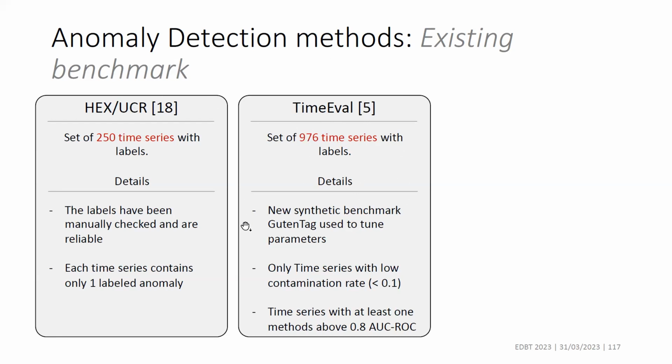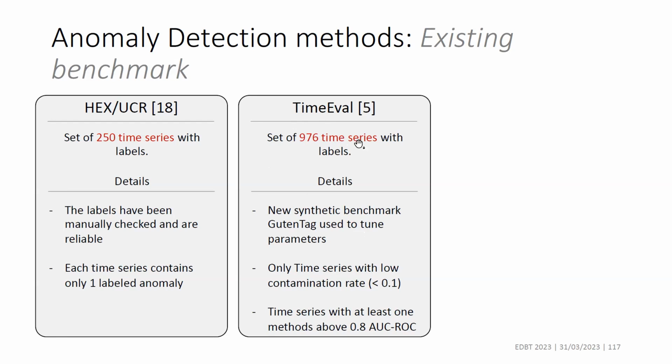They also created a new synthetic benchmark called GutenTag to tune the parameters. What is great here is that the labels are reliable, so they can tune the parameters and be sure that they don't tune on labels that might be questionable. But then they filtered a lot of time series. Actually they collected way more than 900.